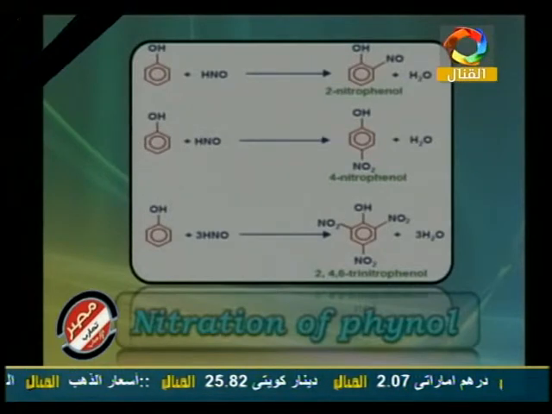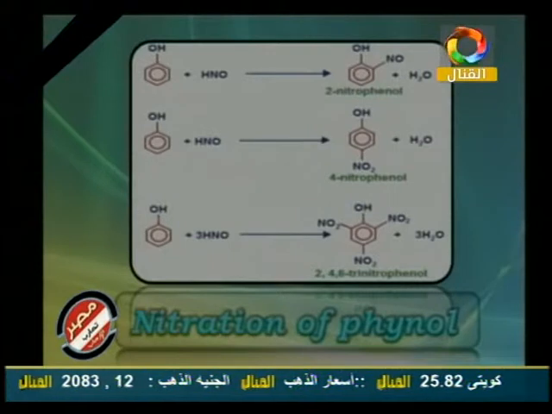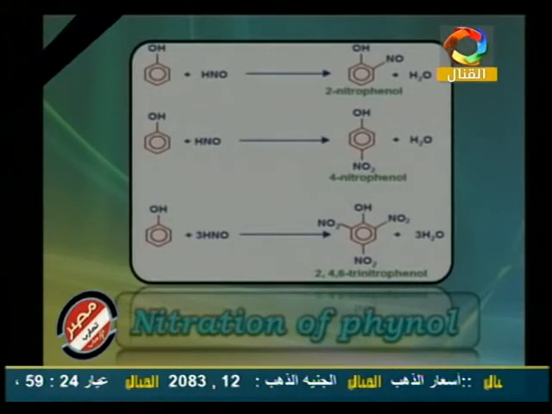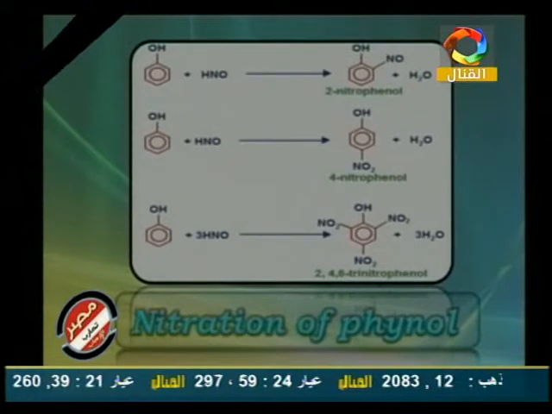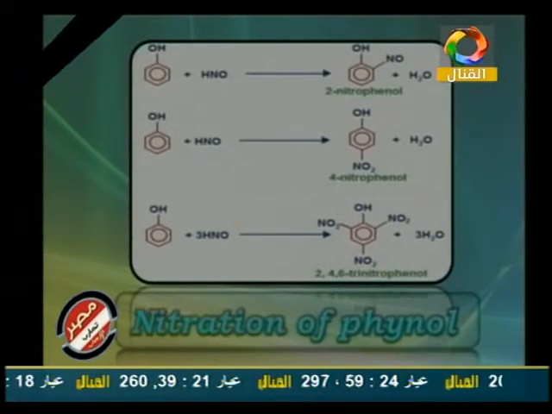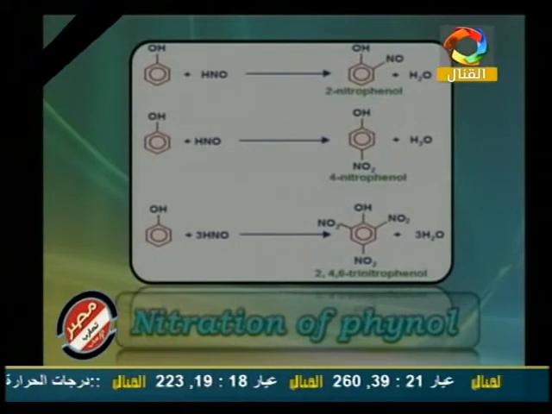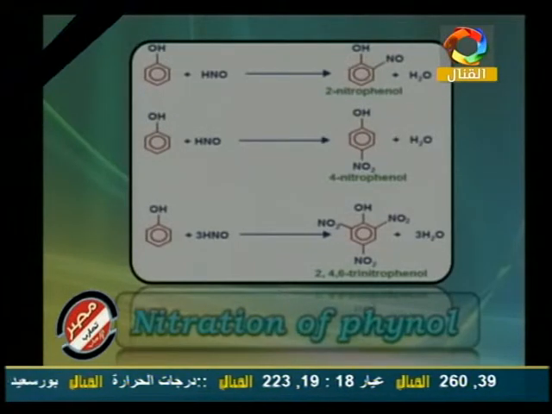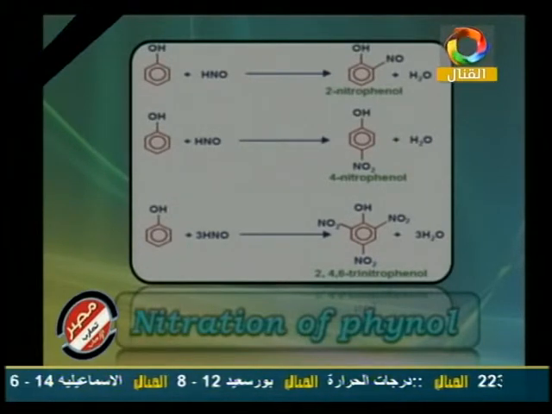Phenol plus HNO3 gives us what? Gives us 2-nitrophenol. And the hydroxyl group stays in its place, doesn't move or get replaced. And we have NO2 that makes the reaction here and substitutes one hydrogen atom.